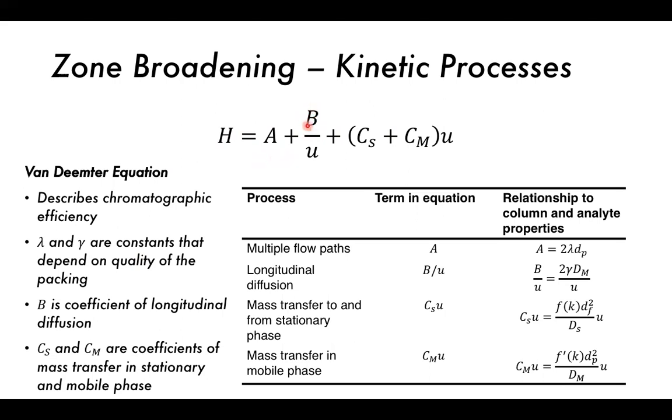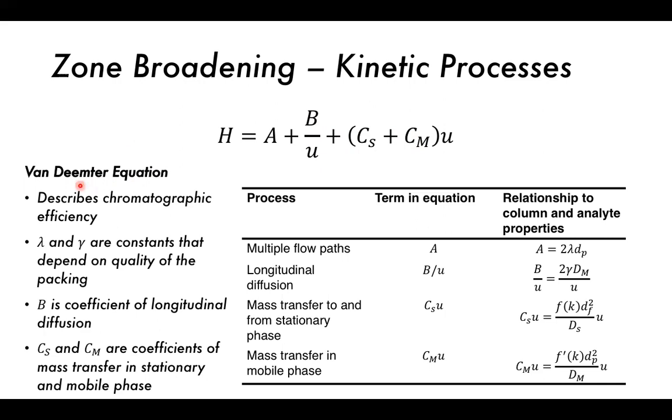Then we have B over U, which is the longitudinal diffusion through the column. And then we have the mass transfer to and from the stationary phase, Cs, to and from the mobile phase, Cm.